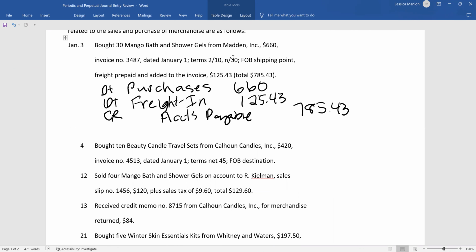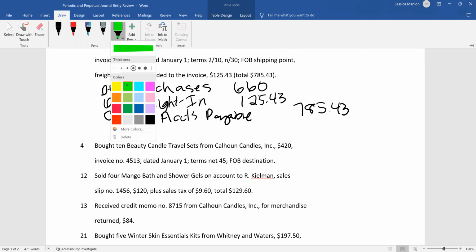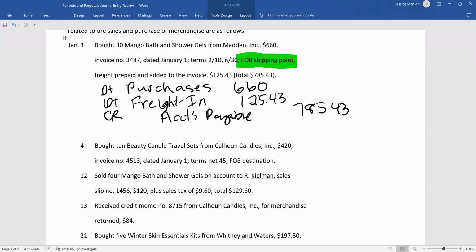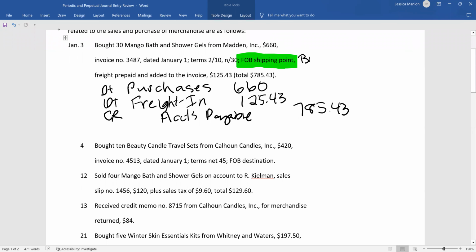Okay, the next one, and remember too, I'll highlight this real quick. I'm going to highlight it in green since it's St. Patty's Day. FOB shipping point. Remember that with FOB shipping point, the buyer pays shipping.